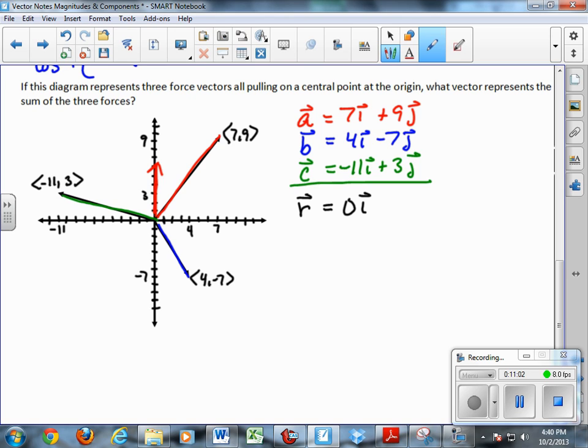Well, look at what we have here. 1, 2, 3, 4, 5. It looks like there is our resultant vector right there: 0i plus 5j.